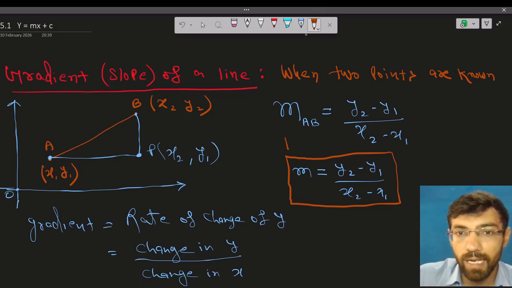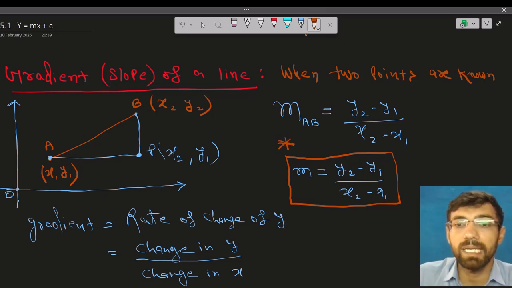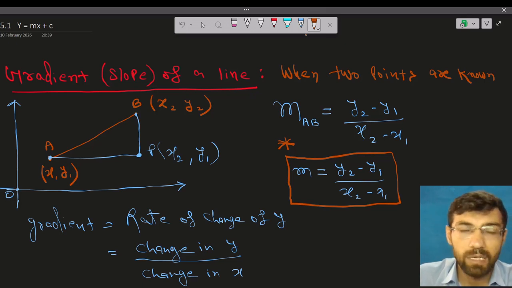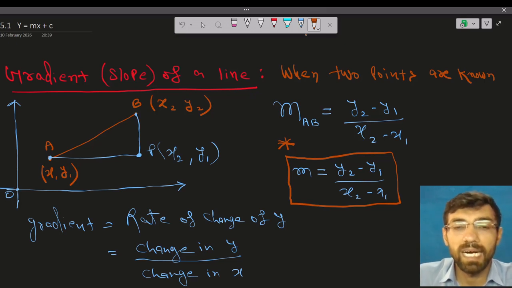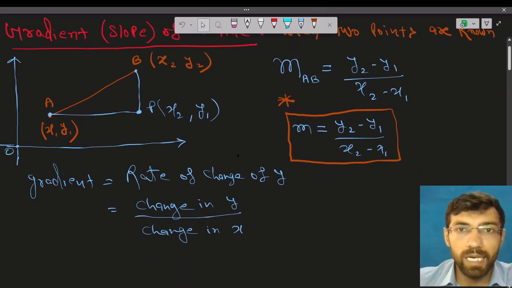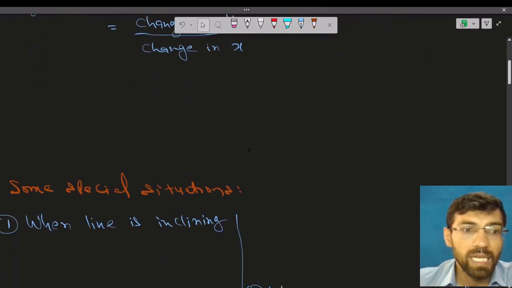So here we derived the formula of the gradient of any line, y2 minus y1 upon x2 minus x1. By the way, the derivation is not required, but learning maths is all about enhancing your understanding, so just for that sake I have completed it this way. Knowing the formula is quite sufficient right now.